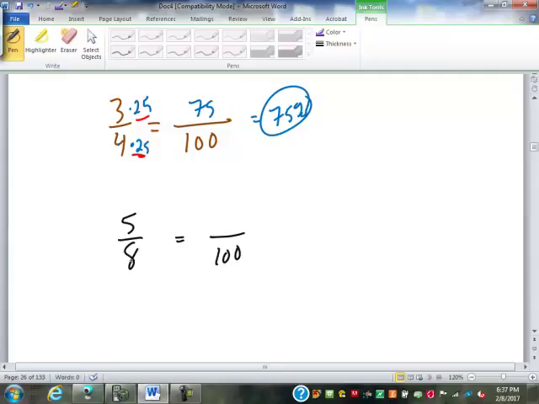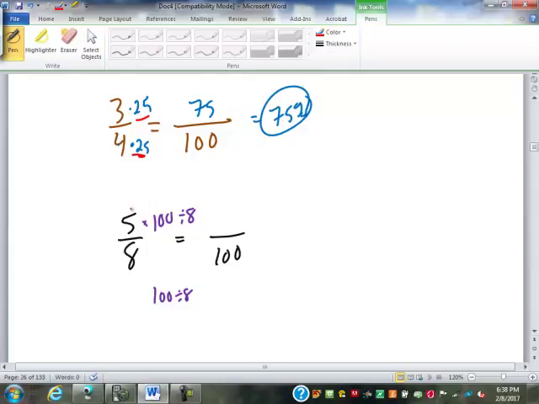The short way of getting that number, instead of just sitting there trying to guess what do we multiply 8 by, we would just do 100 divided by 8. Make sense? And then we'd multiply the 5 by that, whatever we got from the 100 divided by 8.